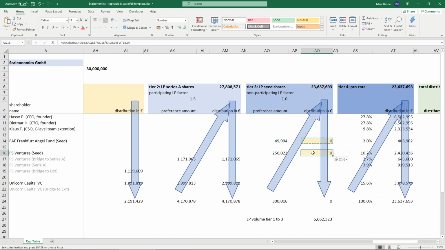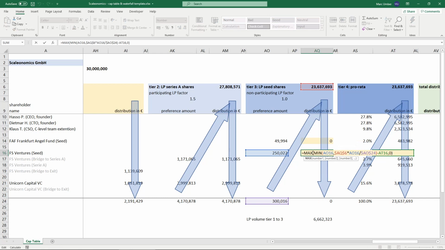Copy this formula. And it's very important to understand this circularity. Now, the outcome of this formula is also an input into cell AT16, which is back referencing to this formula. This is the circularity. And if you did not activate circular referencing in Excel options, then you will get an error message.